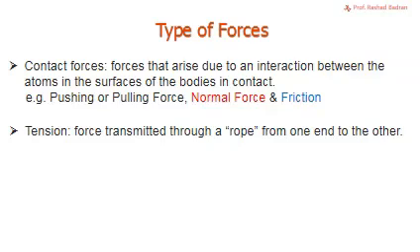The tension in the rope is an example of a contact force, as long as the rope is attached to the mass. So this is considered a contact force. But it is important to mention here that if a person holds the other end of the rope and tries to put a force on the rope, that force is going to be transmitted all over the rope until it reaches the object.